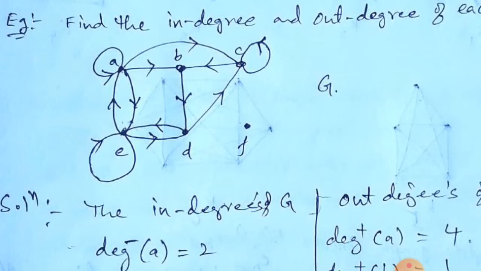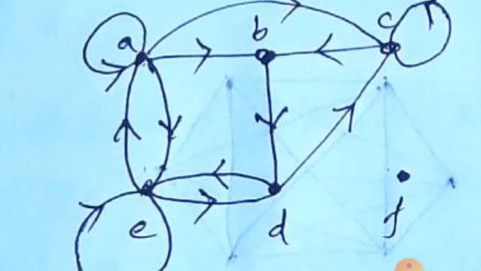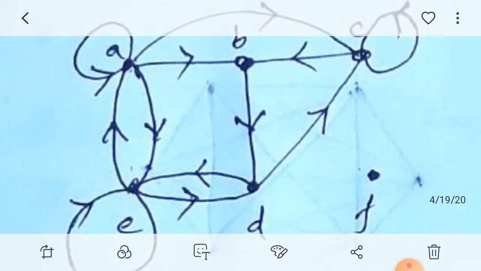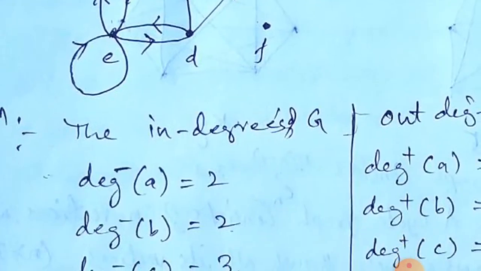Observe how many edges are incident towards vertex A. A has a loop, that is towards A, and there is an edge from E to A, an arrow mark. So that is 2 incident to A, which is why the in degree of A is 2.